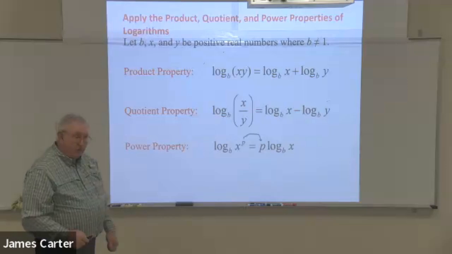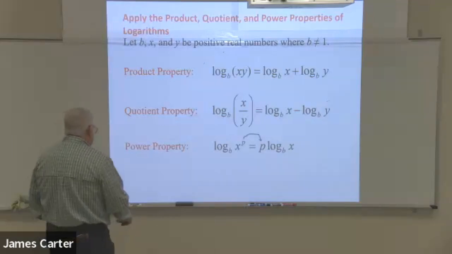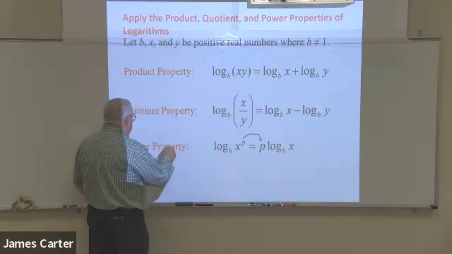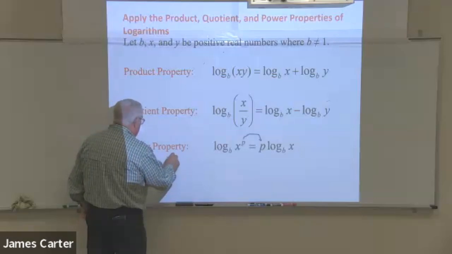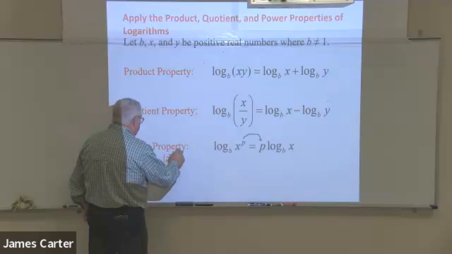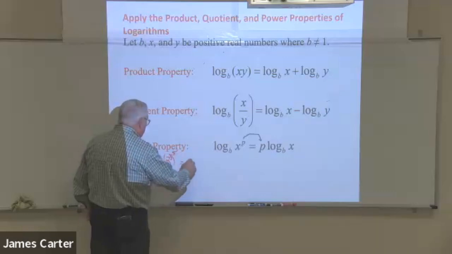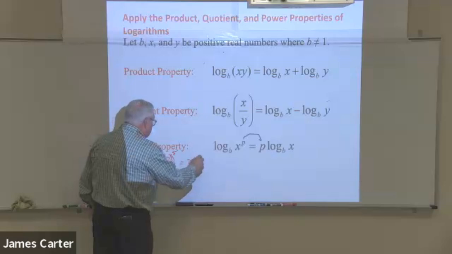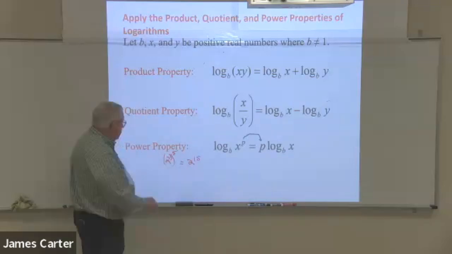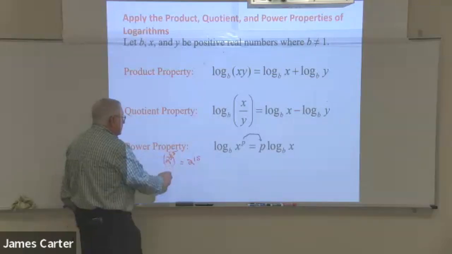The power rule. If we had 2 to the 3rd to the 5th, this would end up being 2, in this case, to the 15th, because we're multiplying by this.